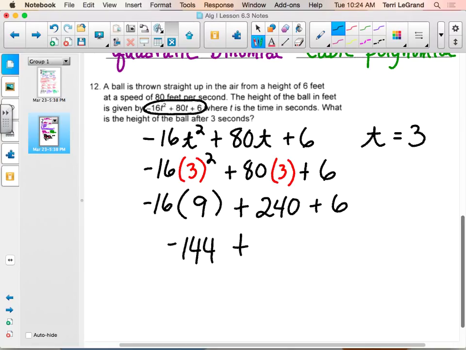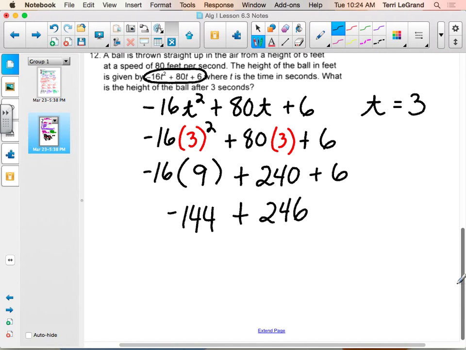Does it matter which we group? Since it's all addition, 240 plus 6 is 246. And negative 144 plus 246, basically 246 take away 144, is 102. Positive or negative? Positive. So it evaluated to be 102.